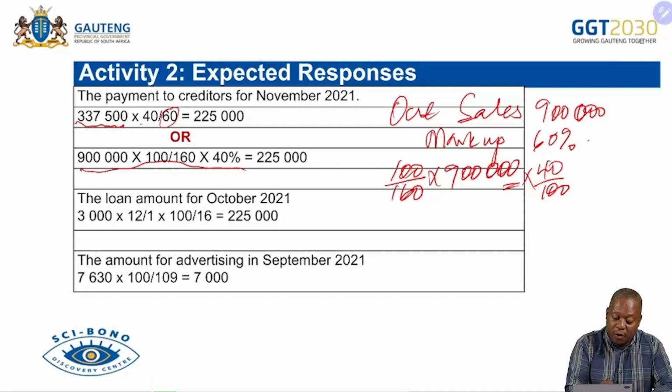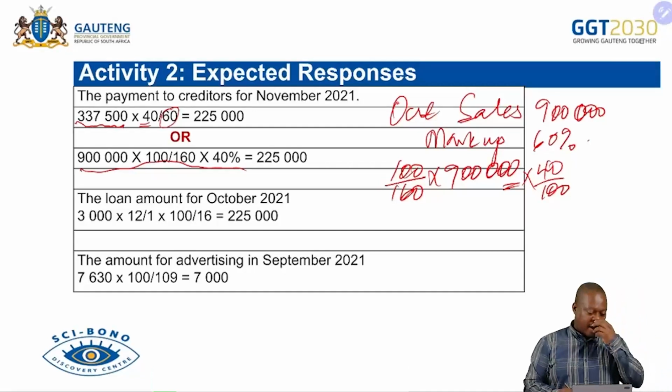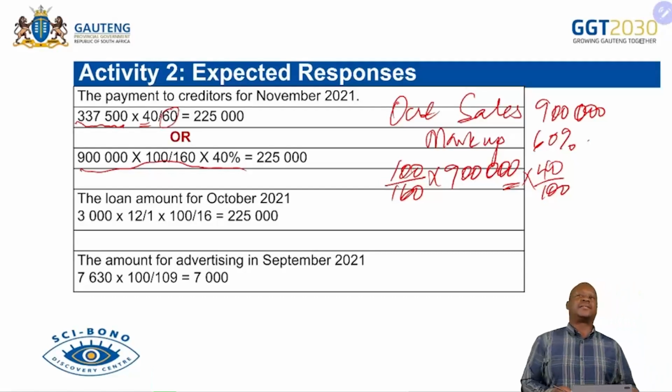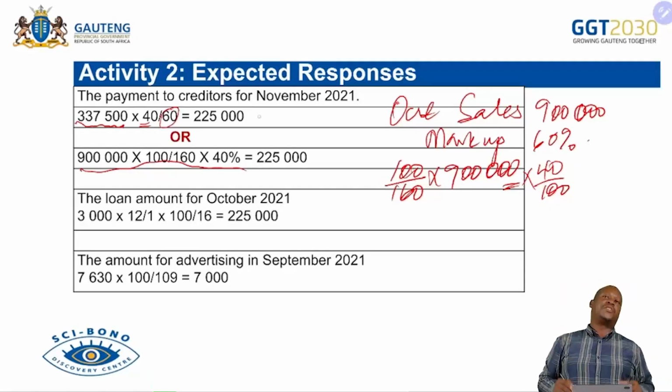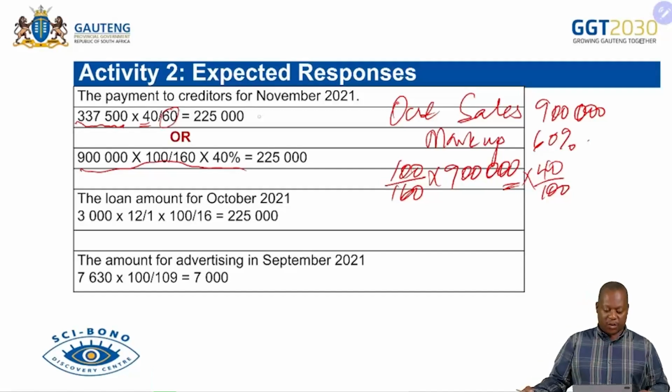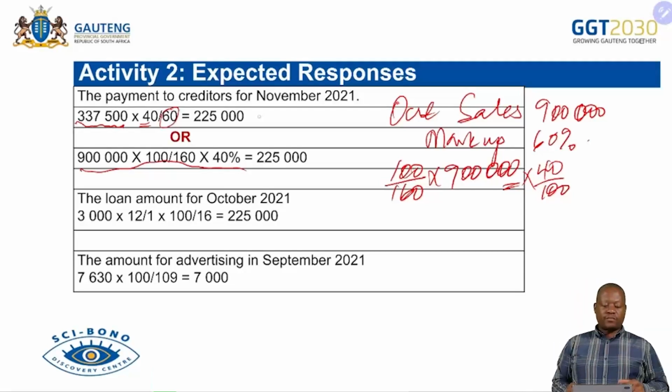We are looking for 40%, so 40 over 60, multiplied by 337,500 gives us our credit purchases. Whichever way you use, you'll still get 225,000 as our figure.